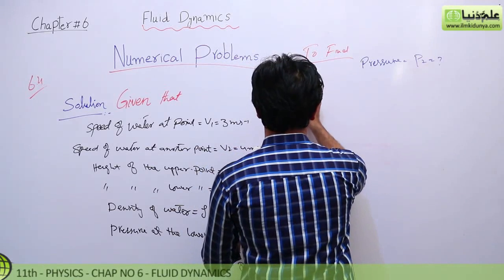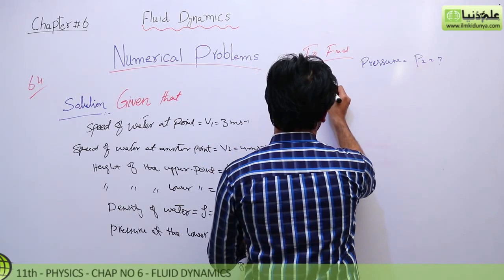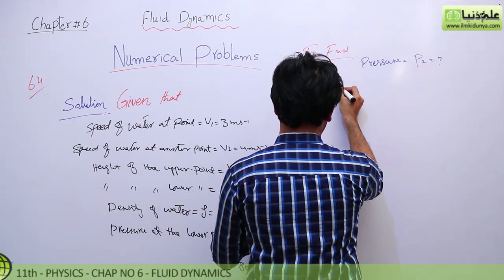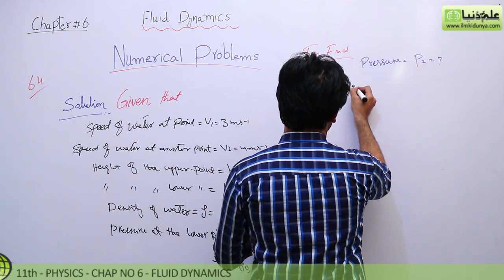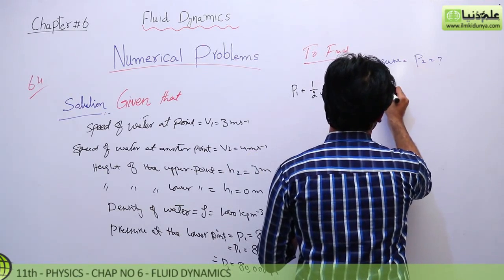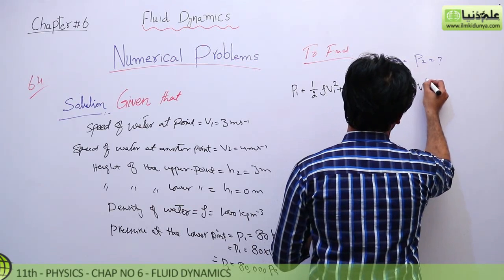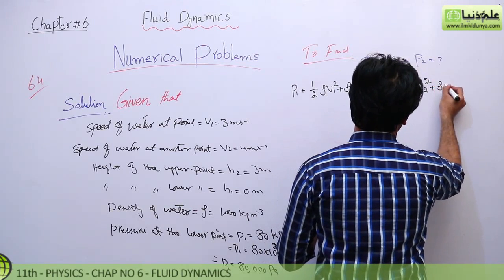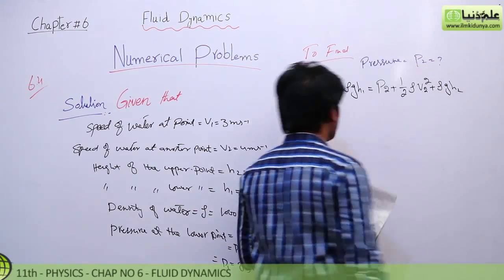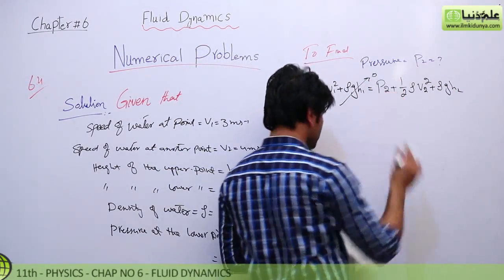P1 plus half rho V1 square plus rho g H1 equal P2 plus half rho V2 square plus rho g H2. As students, H1 is 0, so this term will be 0.